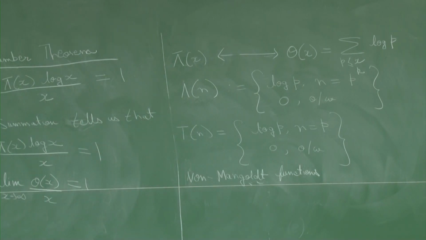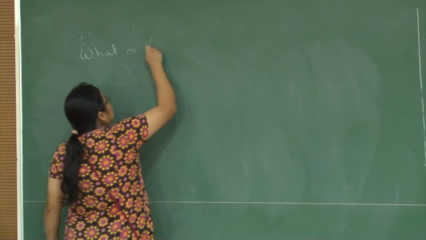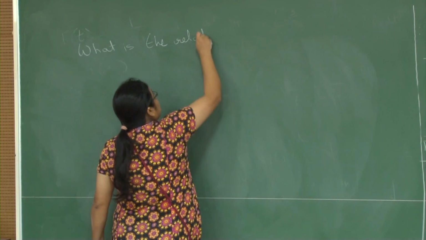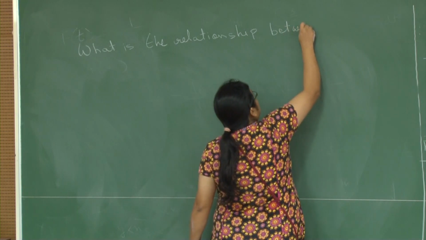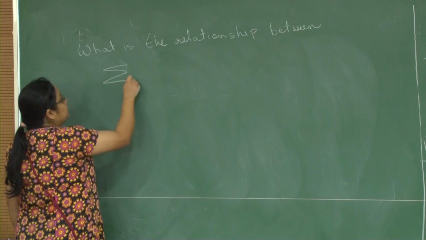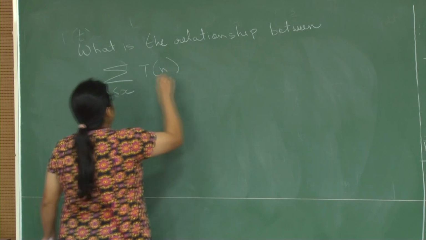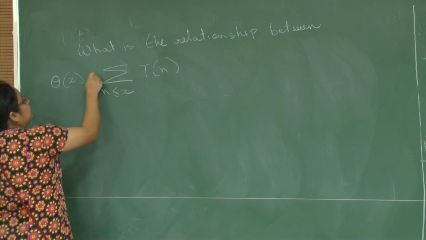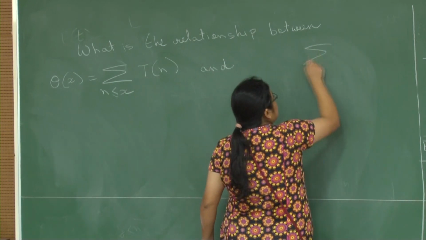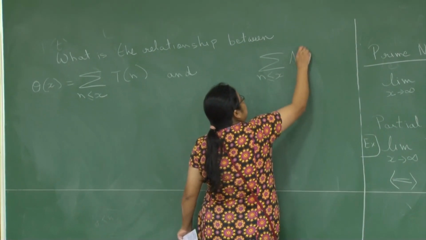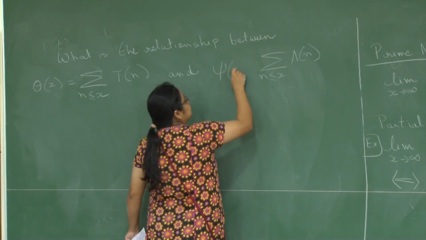So, the question, as I just mentioned to you, is what is the relationship between the summation over n less than or equal to x of t of n, which you originally defined as theta of x, and the partial sum of lambda of n, which you define as psi of x.